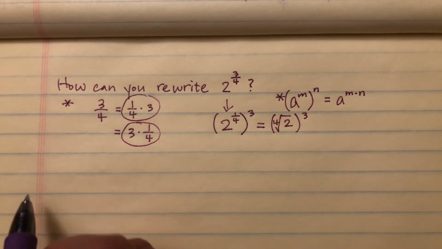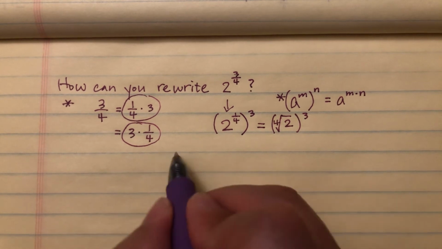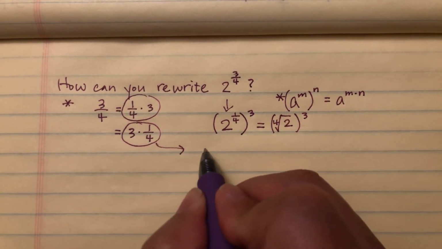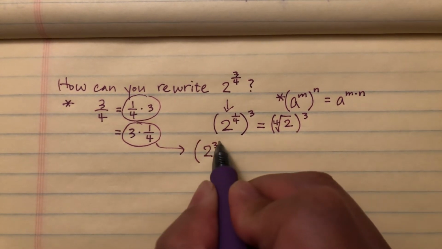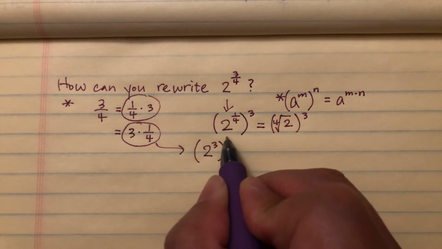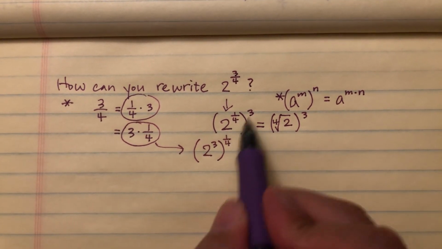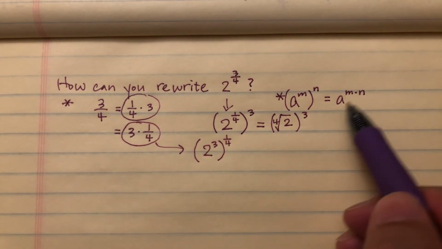Or if we take that 3 times 1/4, we can also write it as 2 to the 3rd power altogether and multiply 1/4 outside instead, right? So we're switching that. We can make the 3 go inside and the 1/4 go outside because we can use the same rule, right?